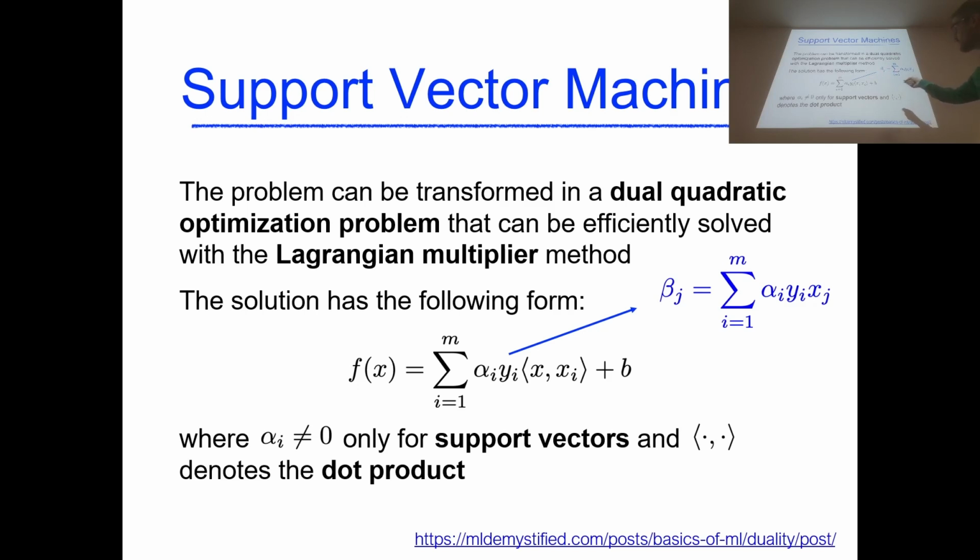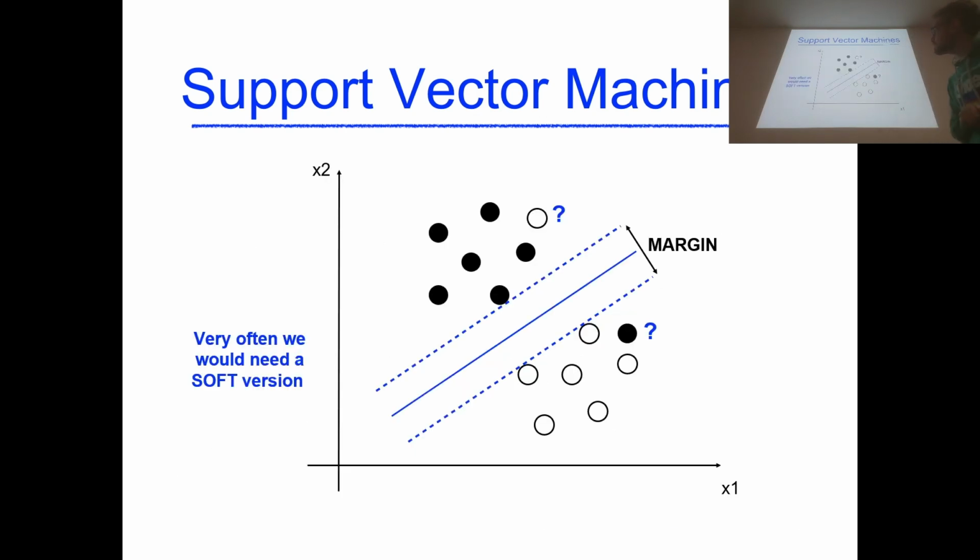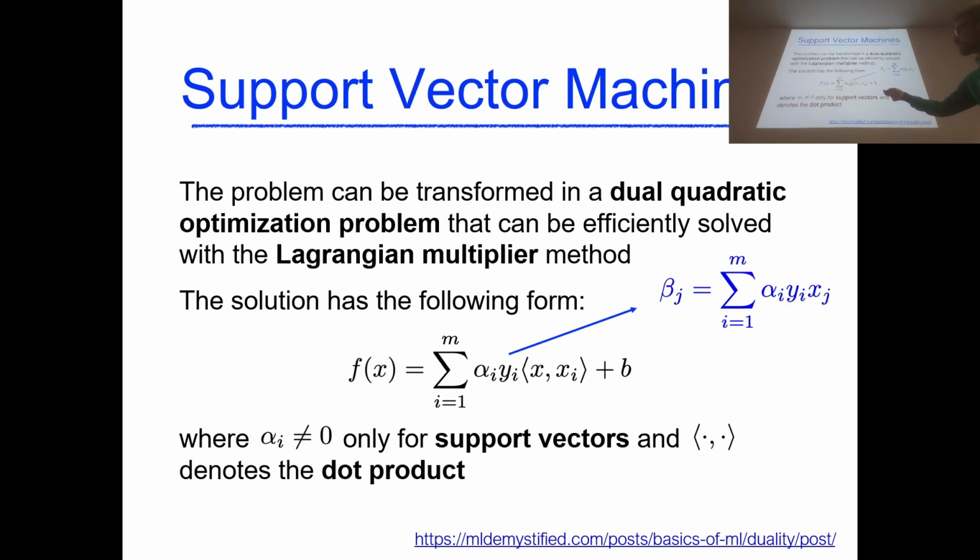What we call beta in this transformed equation is this summation. Fine, we have a method for it, akin in a sense to gradient descent. That's the same goal. We have the goal of finding the coefficients of a function.